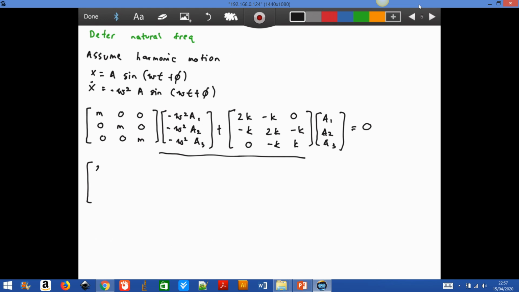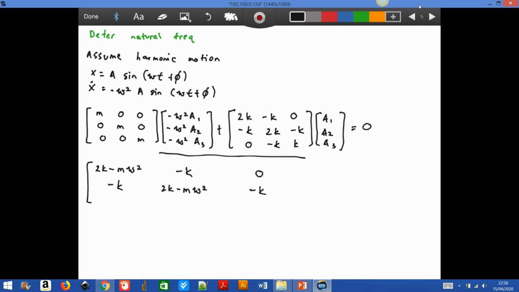That becomes 2k minus m omega squared. Second one would be minus k. Third one will become 0. I expect all of you should know how to solve this here.